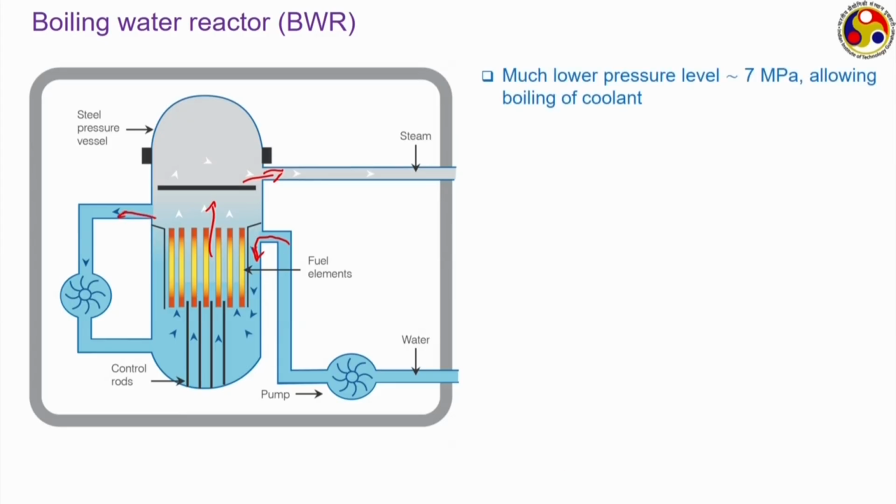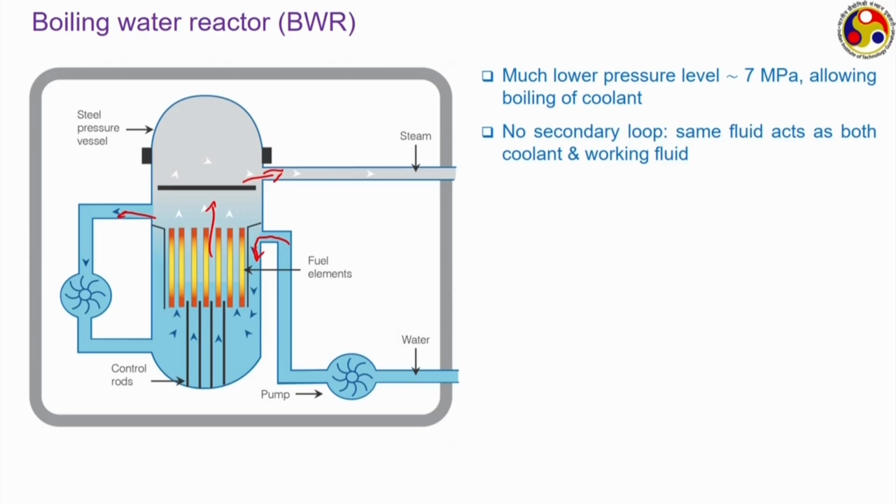So, the boiling water reactor is also a very classical design, used very successfully in several countries in old designs, and the reactor rating can also vary a lot. As we do not need to suppress the boiling, we can operate at a lower pressure level of 7 megapascal, which allows the boiling of the coolant inside the core. Then no secondary fluid is required.